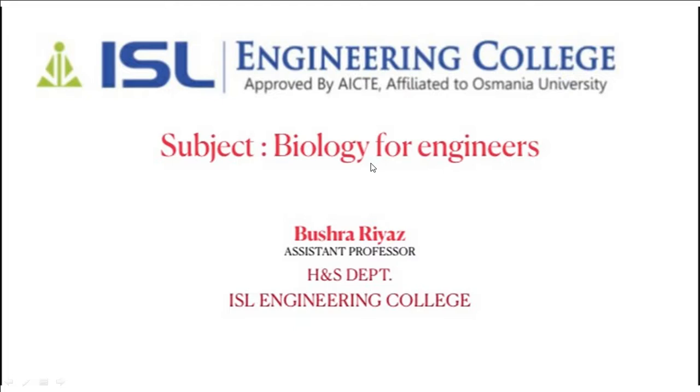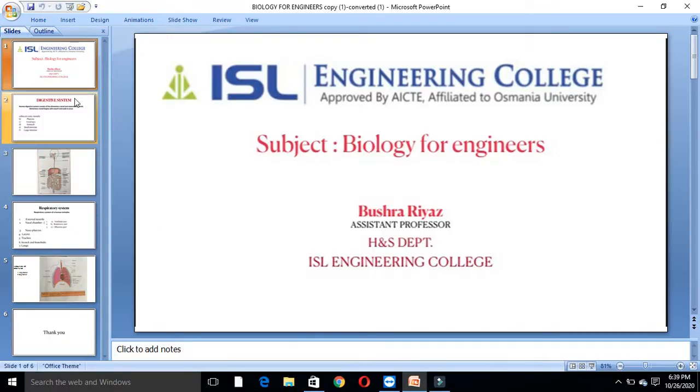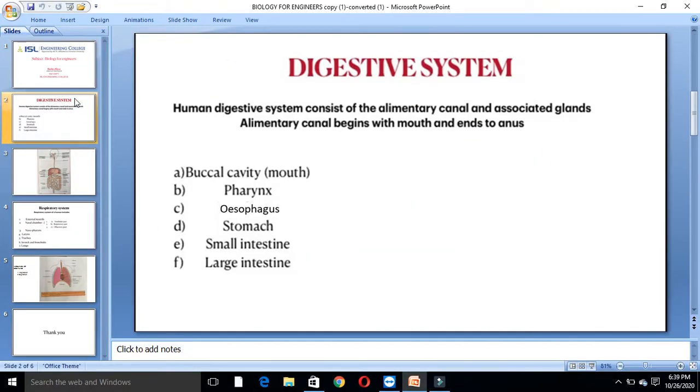We'll study about the digestive system. Human digestive system. It will consist of the alimentary canal and the associated glands.